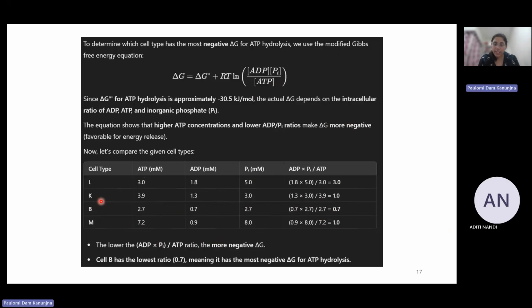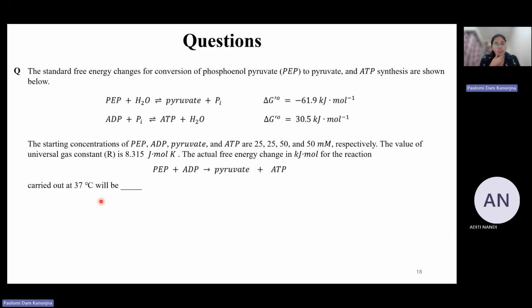Right. Let's do this next one. You have a standard free energy change for the conversion of PEP to pyruvate and ATP synthesis, which is given in the reactions that take place. So PEP plus water giving you pyruvate and inorganic phosphate, delta G is given.